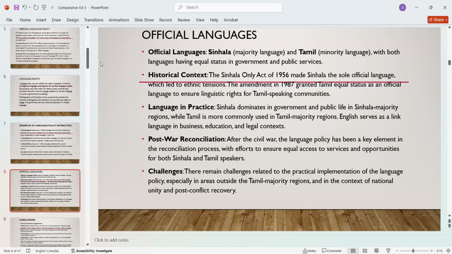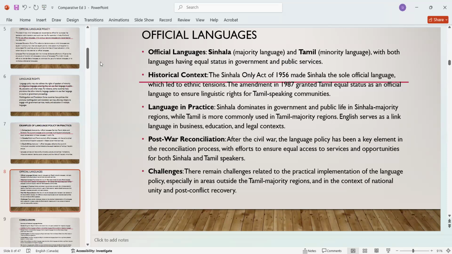So historical context, right? So there are different language policies, right? So the Sinhala Only Act of 1956 made Sinhala the sole official language, which led to ethnic tensions. The amendment in 1987 granted Tamil equal status as an official language to ensure linguistic rights for Tamil-speaking communities.